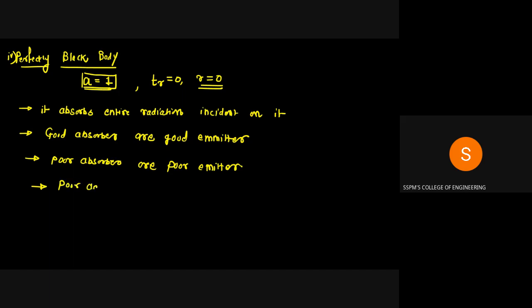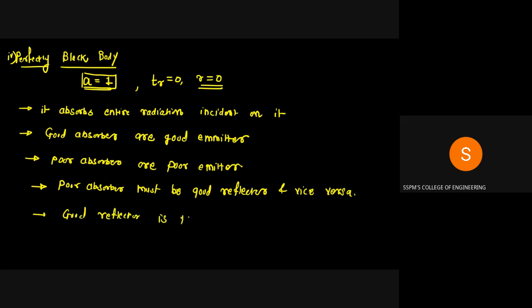The poor absorber surface must be a good reflector, and vice versa. And a good reflector is a poor emitter. Okay, so remember all these points.